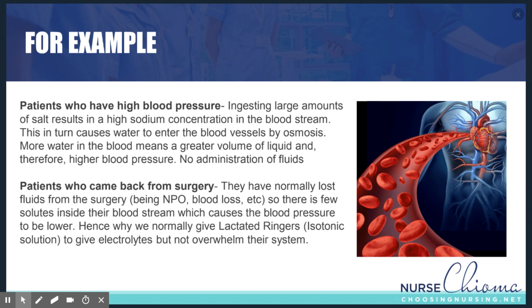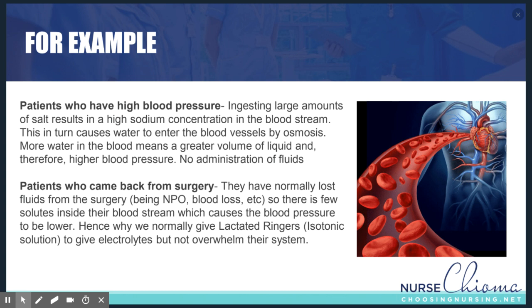So that's why we would normally give lactated Ringer's solution, which is isotonic. Remember how we talked about earlier between isotonic, hypotonic, and hypertonic? So we want to give them the isotonic, which is LR, in order to give a good maintenance.